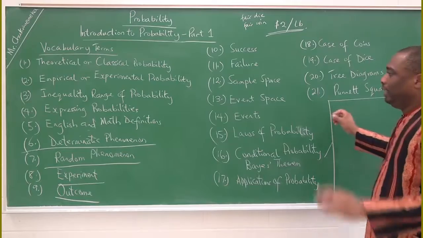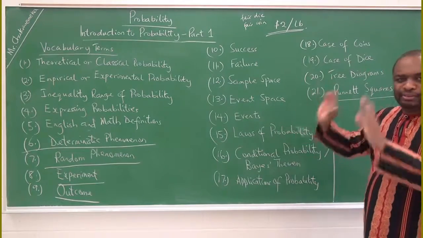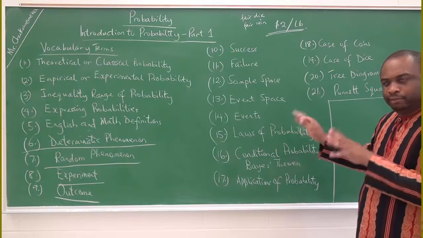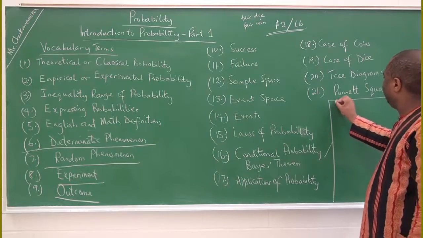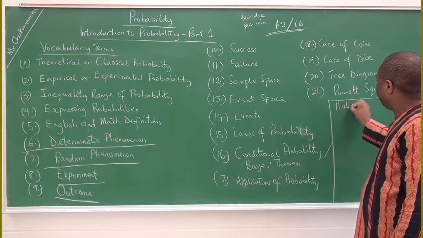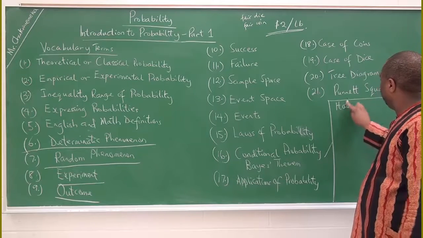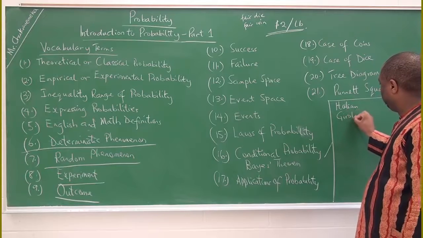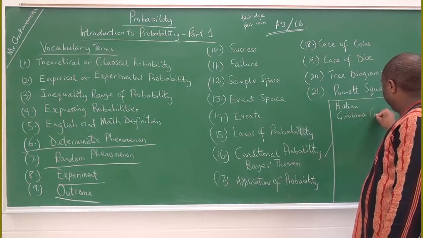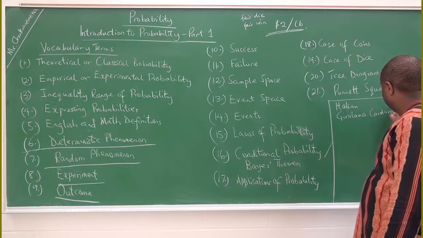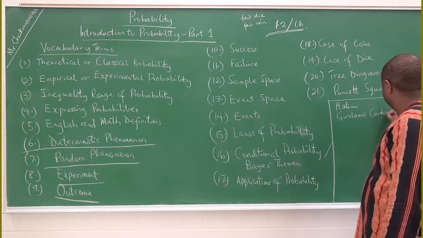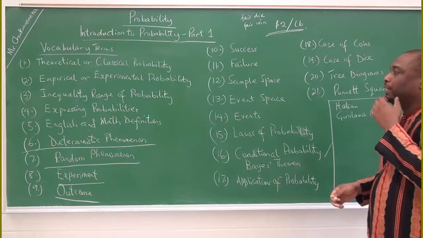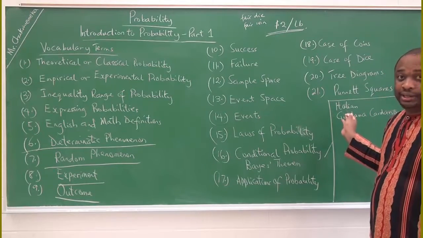Now, there are some people who did some significant work in this topic of probability. We have the Italian mathematician Girolamo Cardano. Besides probability, he did a lot of work in mathematics. But he's a cheater.